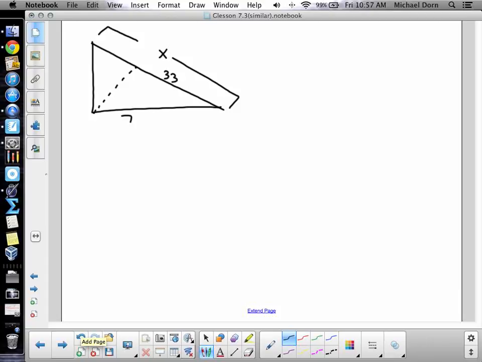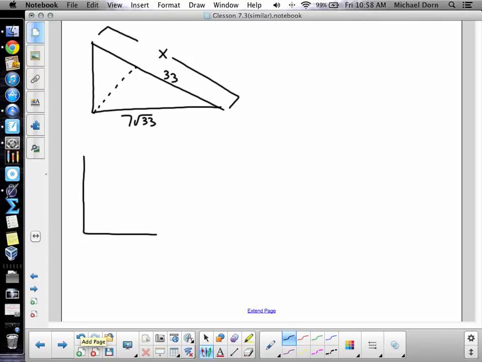And 7 times the square root of 33 is right there. Now this one is a little bit different. We're going to have to be a little ingenious with this, but that's okay. We can still set up our picture.